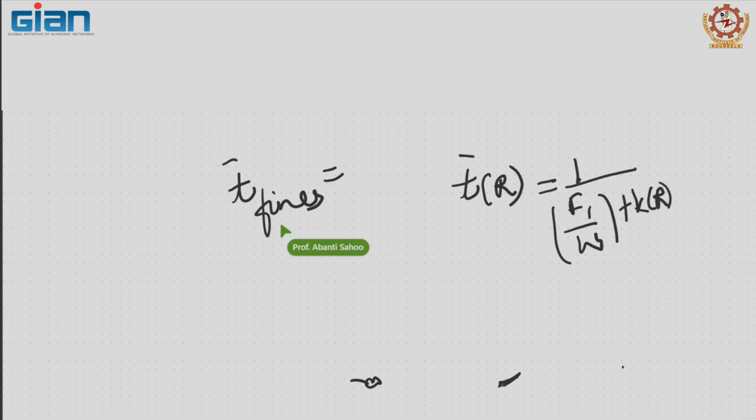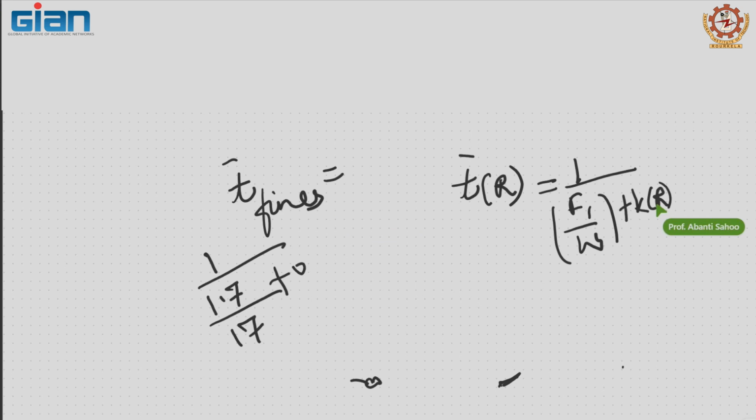So, T of fine will be 1 by 1.7, F1 by W 17, plus K of fines, which is 0.8, that is coming 1.1 minute.